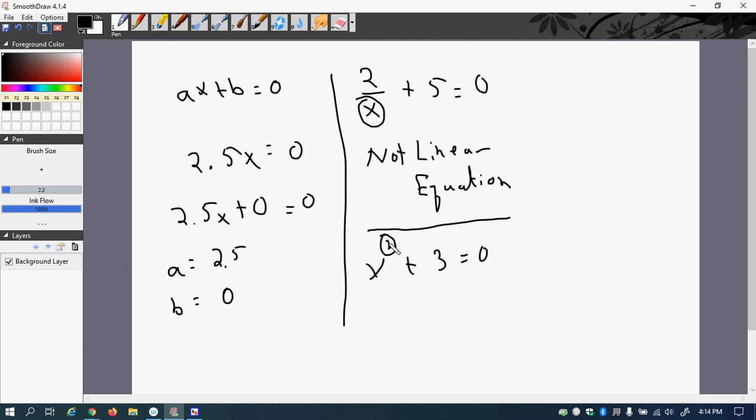Typically, when you look at the general form, there isn't an exponent; it's an assumed 1 right here, and this one has a 2. If you were to graph x squared plus 3, you would find that it does not give you a linear equation. So this one also is not a linear equation.